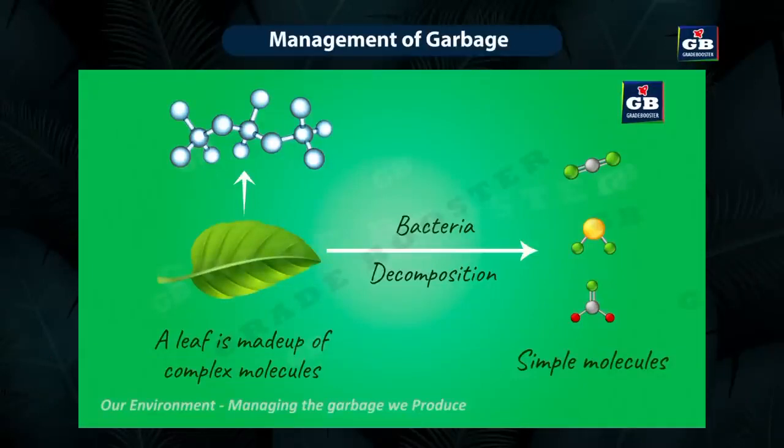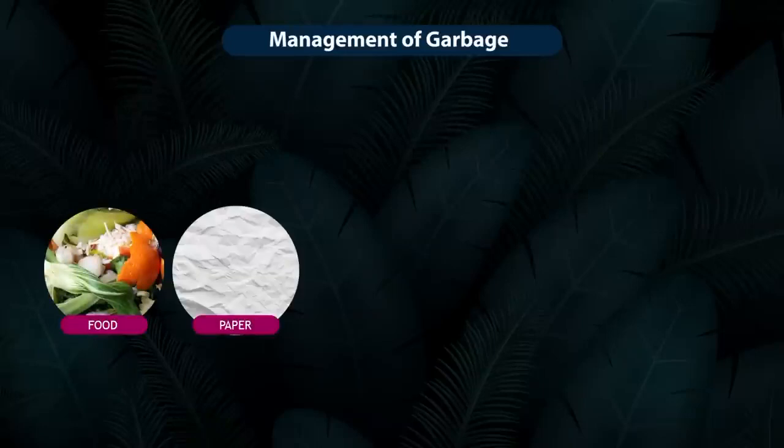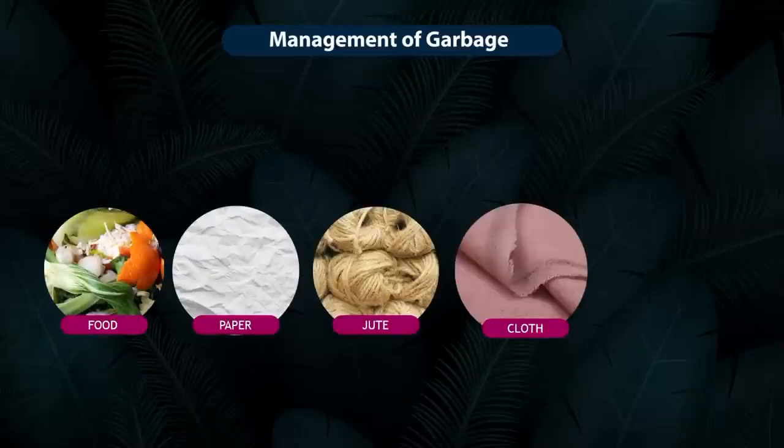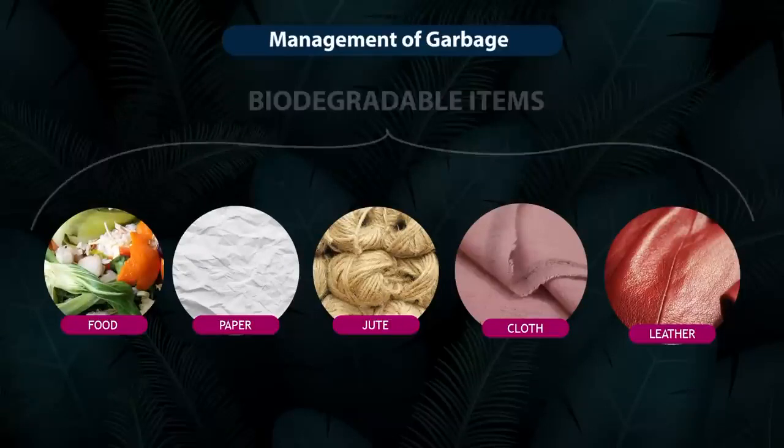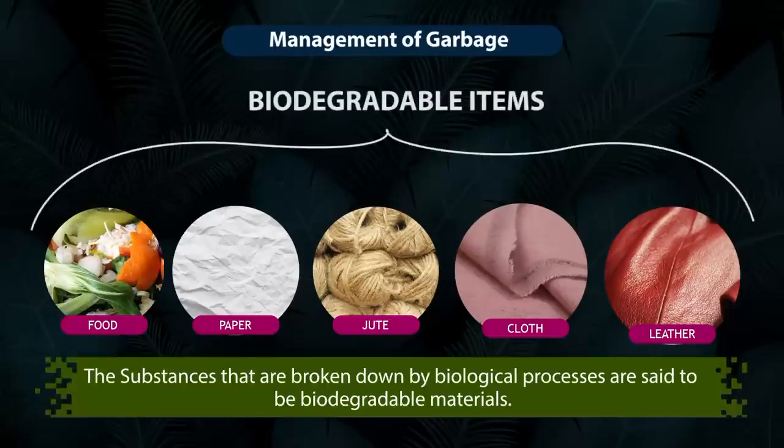They can also decompose the things that are made with plant or animal ingredients like food, paper, natural fiber, cloths, leather, etc. So this kind of substances are called biodegradable materials. The substances that are broken down by biological processes are said to be biodegradable materials.